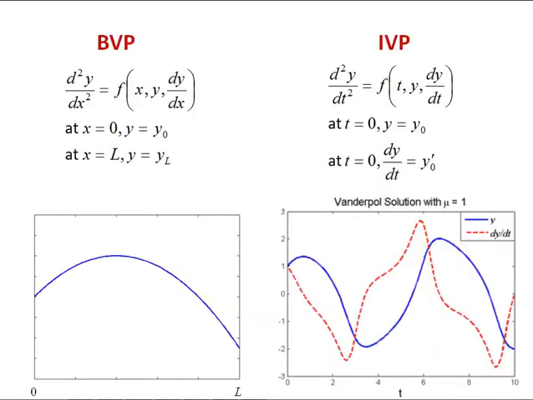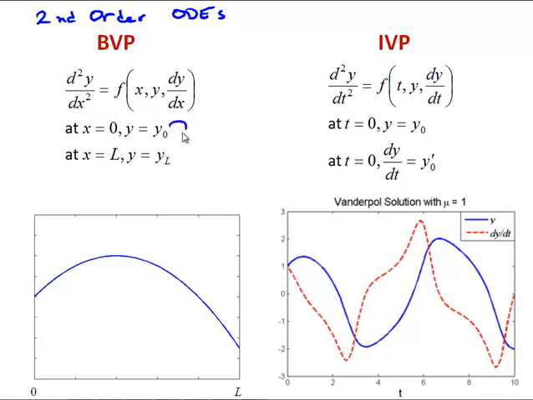So let's look a little more at this difference. On the left here we have a typical boundary value problem, second order. Both of these are second order differential equations. On the left we have a typical boundary value problem in space. Second derivative of y with respect to x is some function of x, y, and the first derivative of y with respect to x.